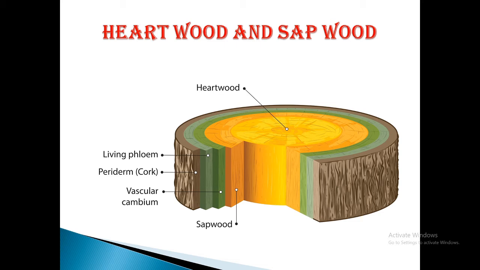Tyloses are frequently formed, which block the vessels, and the parenchyma walls become lignified. Oil, gums, tannin, resins and other substances develop in the middle cells.